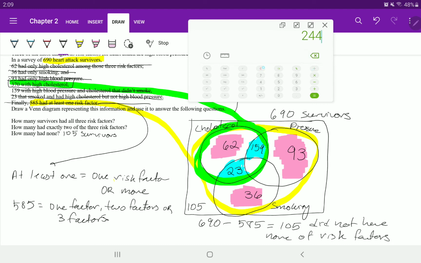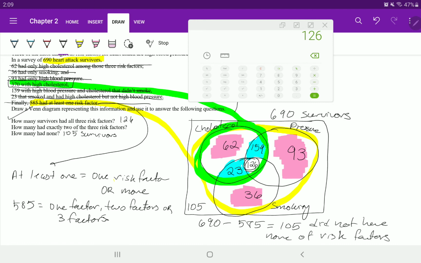Now I can subtract that 244 from 370. 370 minus 244. And that equals 126. And I'll put that right here, 126. And if you notice, this 126 right here has all 3 types of factors. Therefore, that answers the first question, 126 survivors.